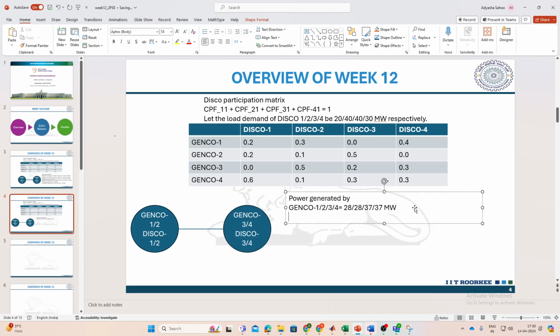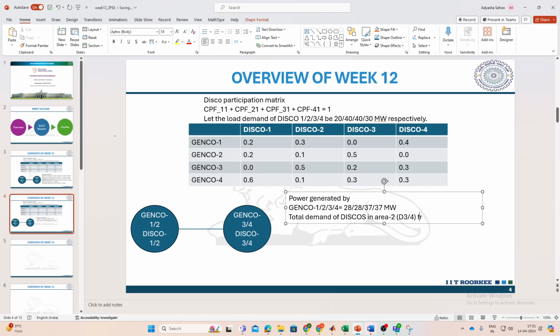For calculating the tie line power flow, first we need to calculate the total demand of DISCOs in area 2. So what are the DISCOs in area 2? That is 3 and 4, right?